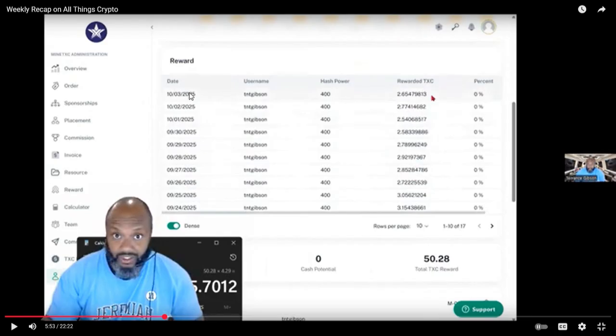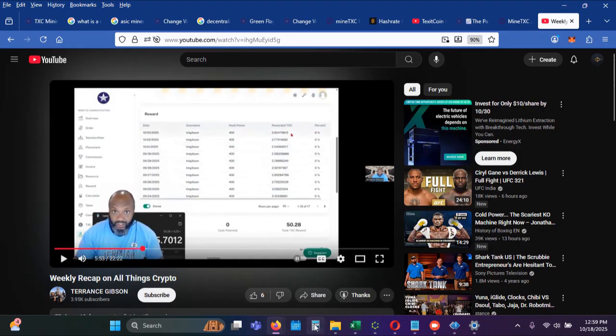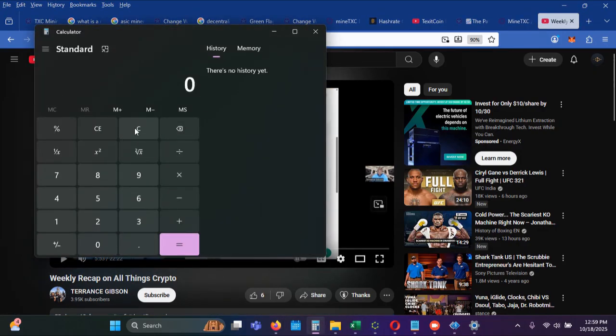So we're going to use October the 3rd in this example. And we see that he received 2.65 TexitCoin for running 400 mega hash. Okay, so I'm going to pull out a calculator real quick. All right, so he got 2.65 TexitCoin divided by 400 hash is that.